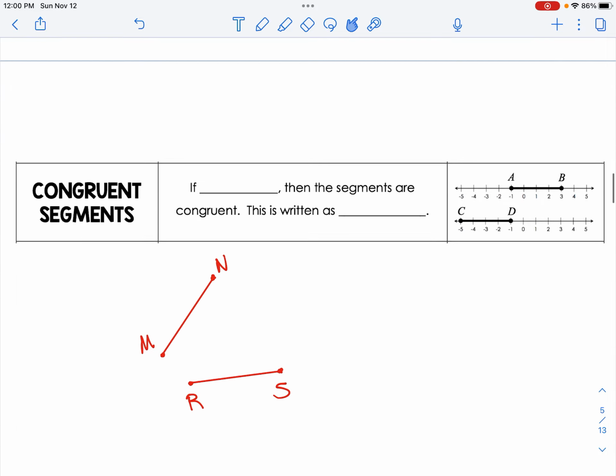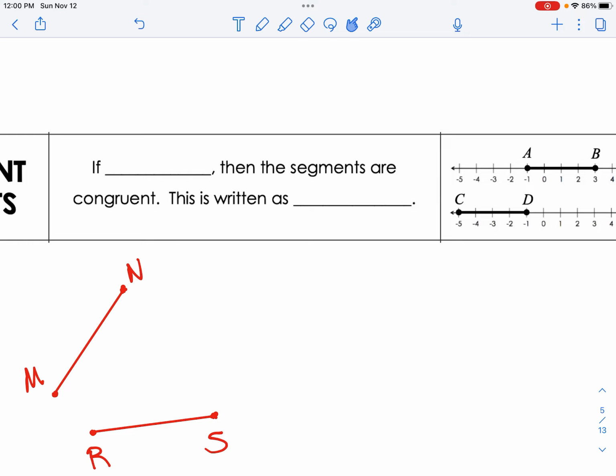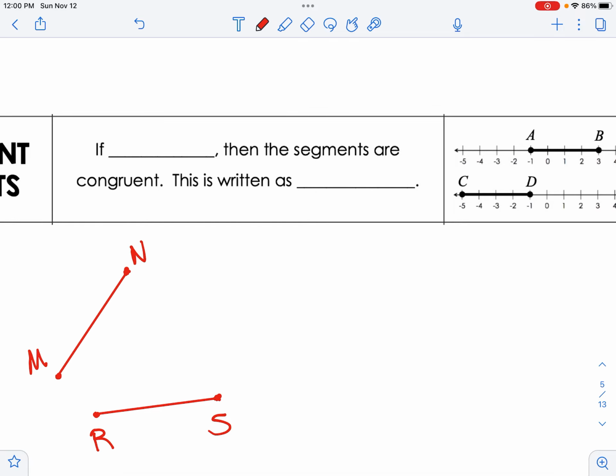All right, congruent segments. So again, if we look at some segments on the right here, we would say if the length of AB is equal to the length of CD.